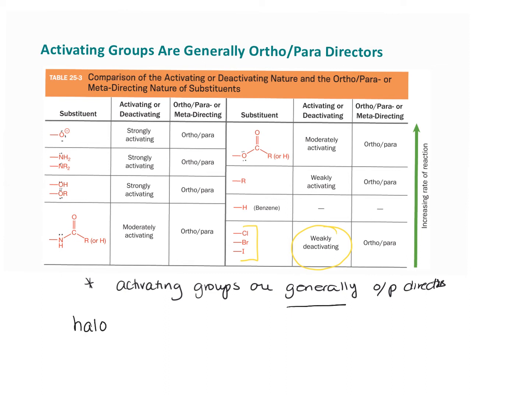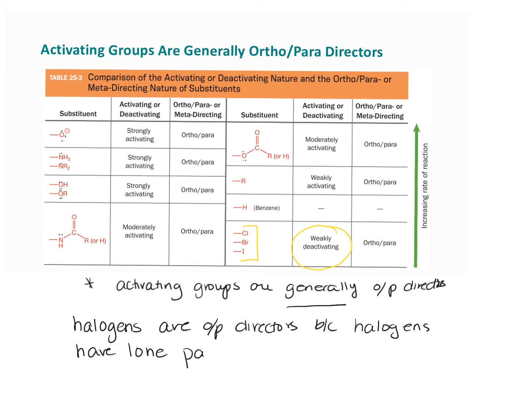Halogens are ortho-para directors because, like that OH group, halogens possess lone pair electrons, not just, I don't want to say a lone pair because they have more. So they have lone pair electrons.